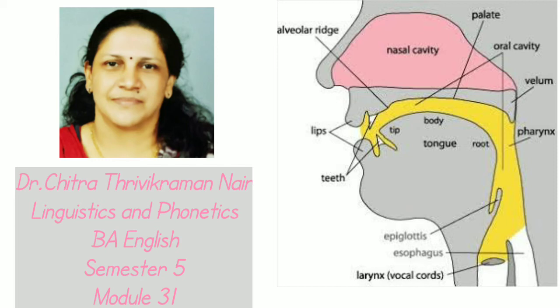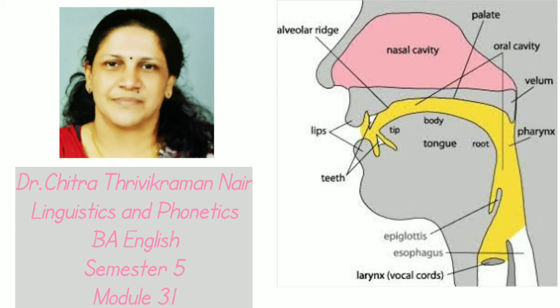You can see it in your mirror. It is also one of the important articulators of speech sounds, and it functions in tandem with the back of the throat and the palate.